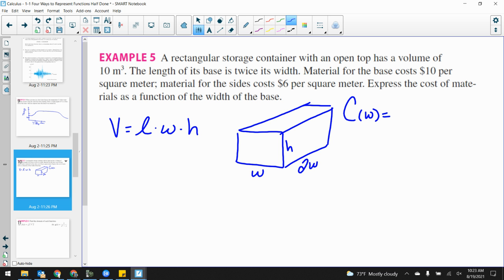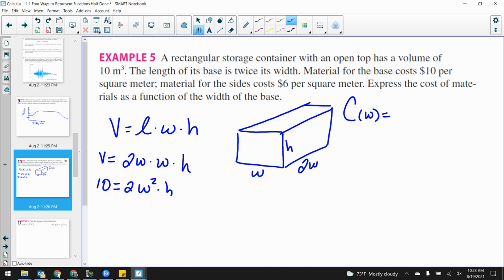I only have H and W now, and in the end, I only want W. The volume is equal to length, which is 2W, times W, my width, times my height. But I know volume has to be 10. So I'm going to make that 10 = 2W squared times H.